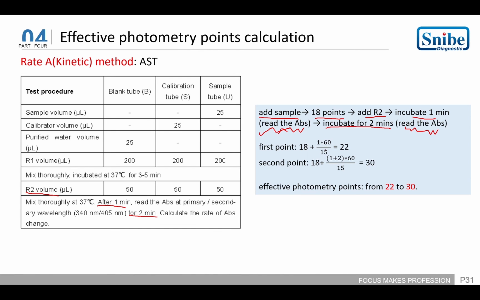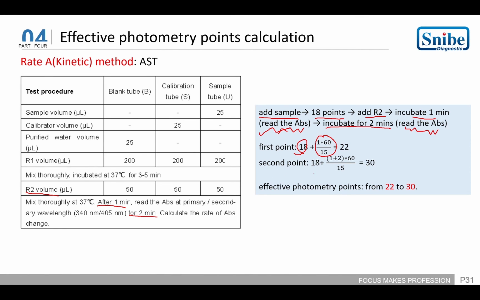So the first point is 1 minute multiplied by 60 seconds, divided by 15, but you have to add the 18 points.